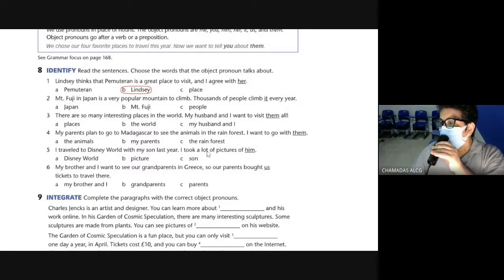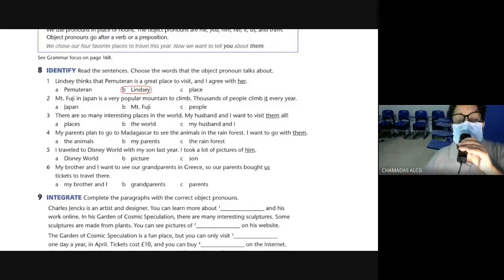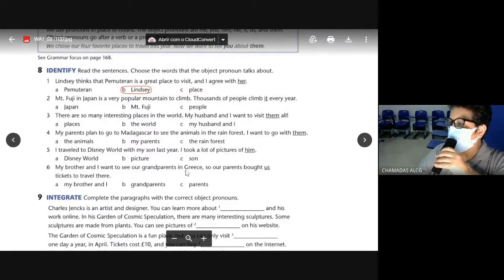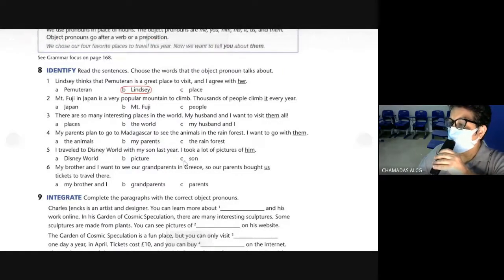I took a lot of pictures of him. Him is referring to my son. My son, Claudinha, is the same as meu filho, okay? All right? So, letter C. Number 5, letter C.